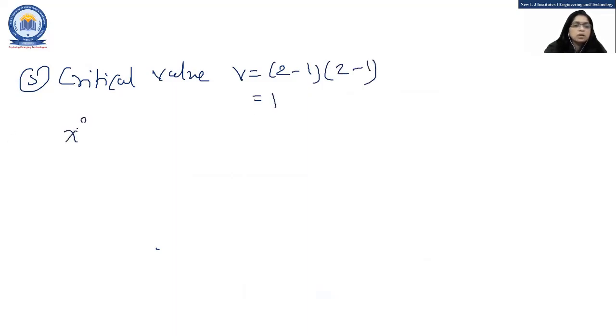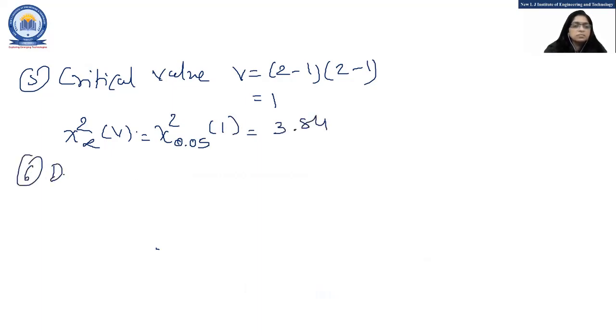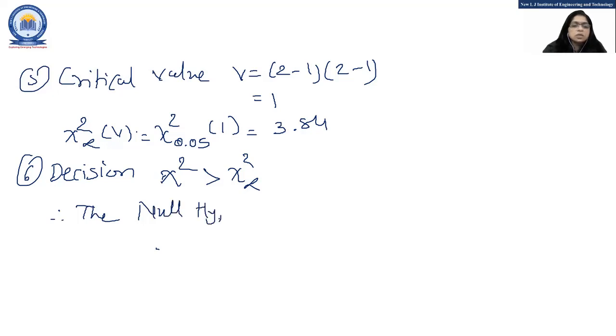So chi-square alpha V, chi-square 0.05 into 1, and it is 3.84, right? So last decision, chi-square is greater than chi-square alpha. Therefore, the null hypothesis is rejected.